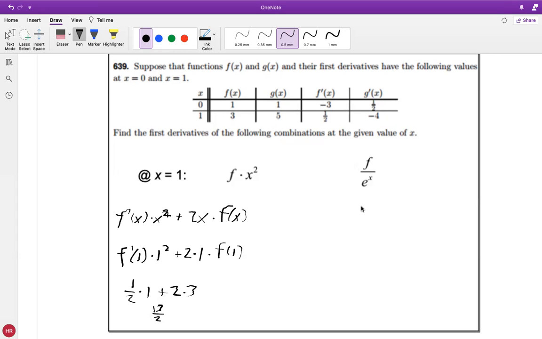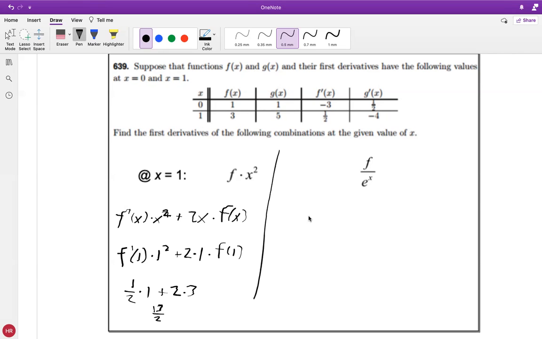And now I'm going to do the same trick here. I am going to use the quotient rule now, though, because f over e to the x is a quotient. So I do f prime g minus g prime f all over g squared.